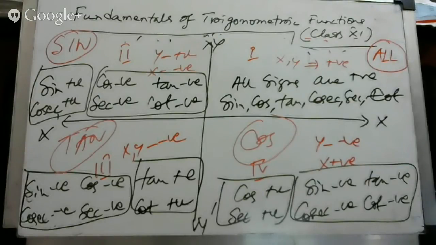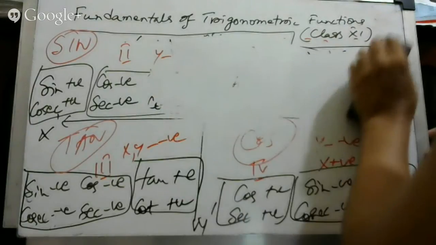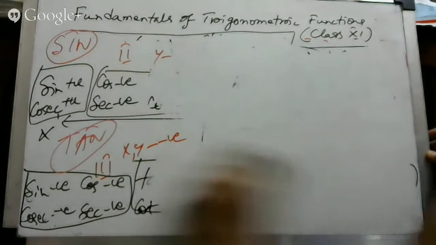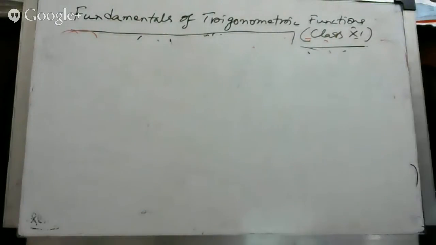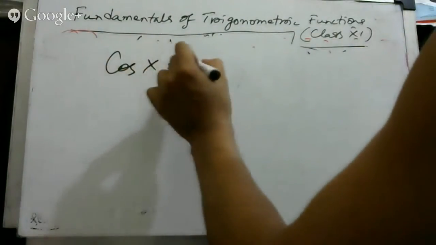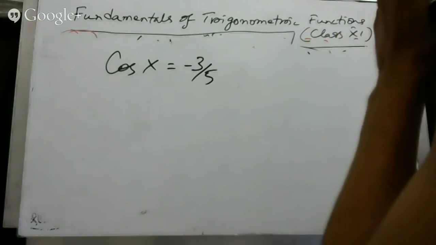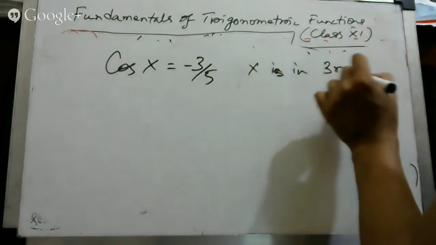So how is it being used? I will just give you a simple example. Suppose somebody says we have cos x is equal to minus 3 by 5 and x is in the third quadrant.